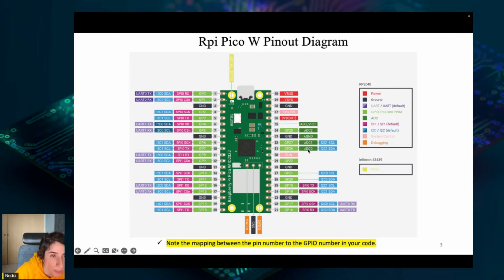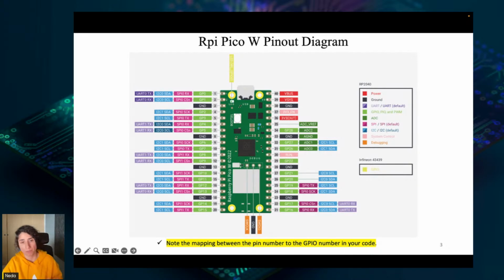As you can see, we have ADC, as I explained to you in the previous lecture. These pins can play the role of ADC, so you can select in the software that they act as ADC.